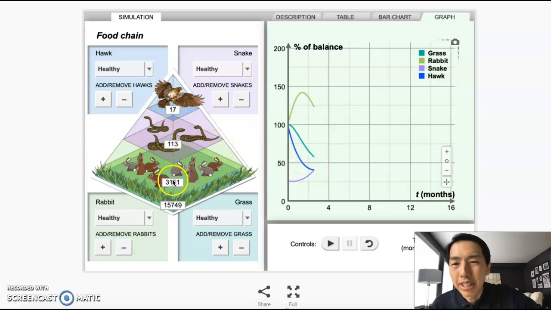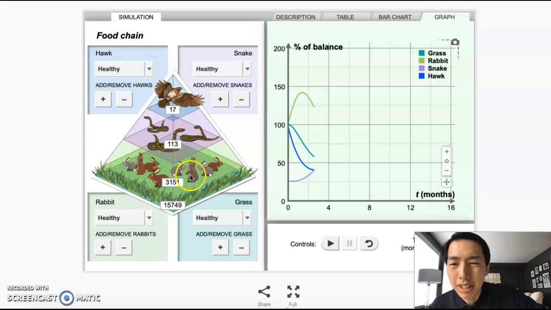And how about the rabbits? Well, the rabbits normally get eaten by snakes. So if there's fewer snakes, then the rabbits have fewer predators. So the rabbit population you see goes up, at least at the beginning. Well, what happens when there's more rabbits?